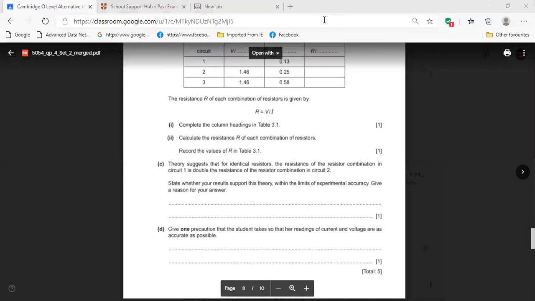Switch off the circuit between taking readings.